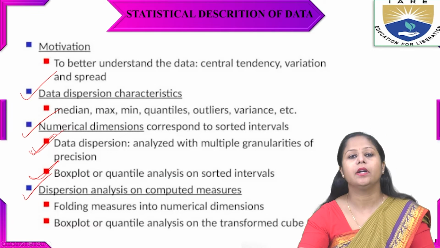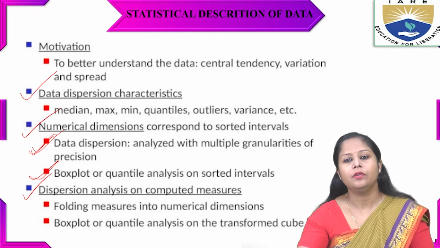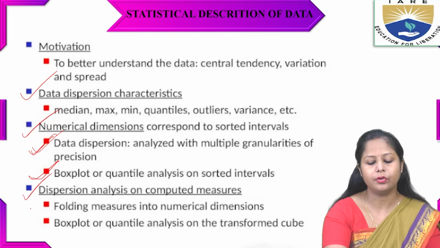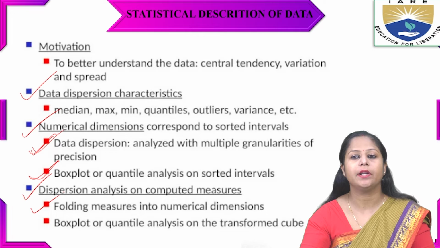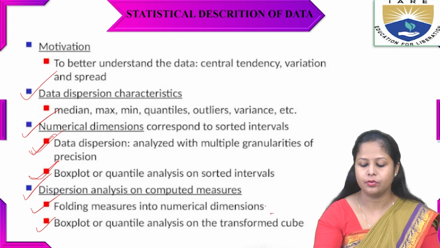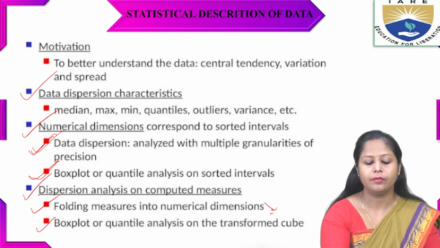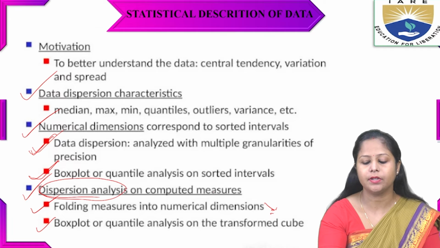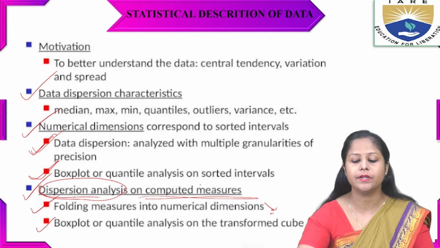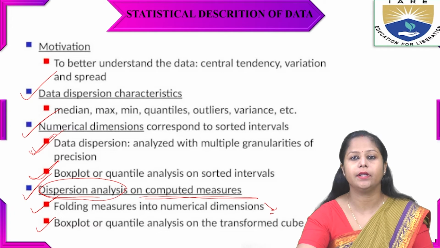Dispersion analysis on computed measures: folding measures into numerical dimensions. We need to fold the measures into numerical dimensions, and do a box plot and quantile analysis on the transformed cubes. These are the two methods for dispersion analysis of computed measures. So these were the statistical descriptions we use to understand the data.